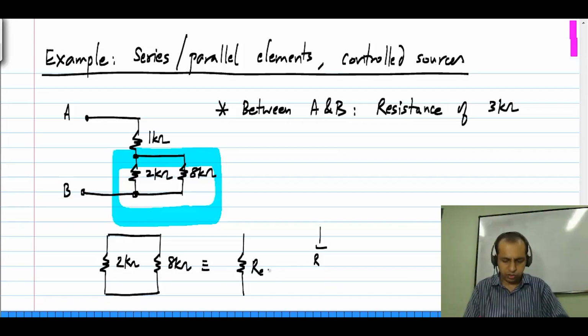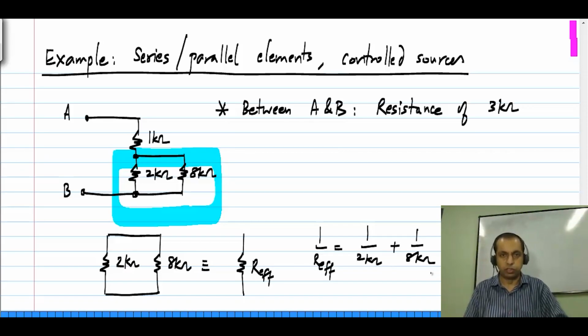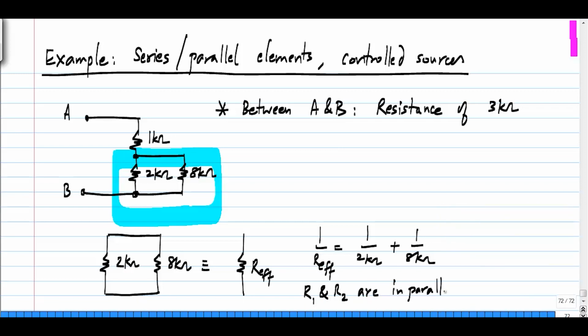Now, if I call this the effective resistance, 1 over R effective will be 1 by 2 kilo ohm plus 1 by 8 kilo ohms. By the way, for 2 resistors in parallel, you are probably already familiar with the formula. If R1 and R2 are in parallel, they result in a single resistance value R1 R2 by R1 plus R2.